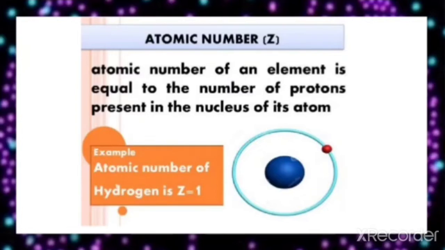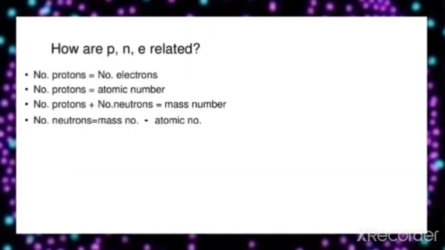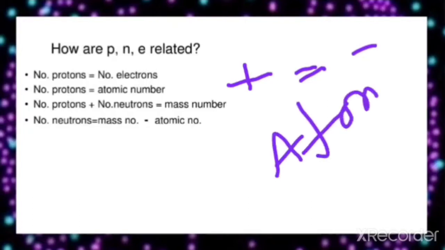Let us see how the electrons, protons and neutrons are related for an atom. That is, the number of protons is equal to the number of electrons. As we know that the atom is electrically neutral, that means however much positive charge there is, that much negative charge is there in the case of an atom.